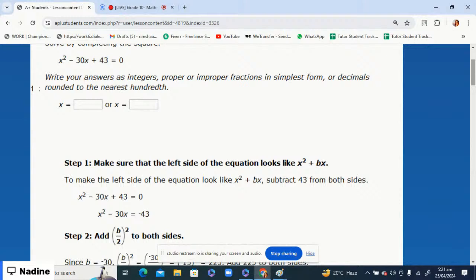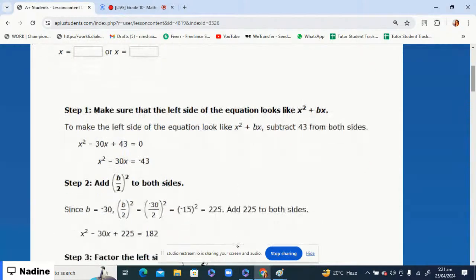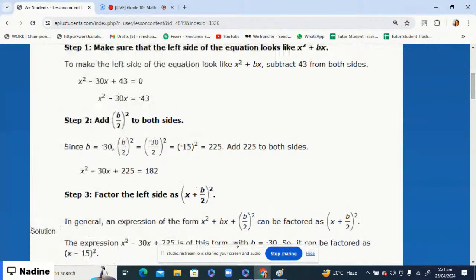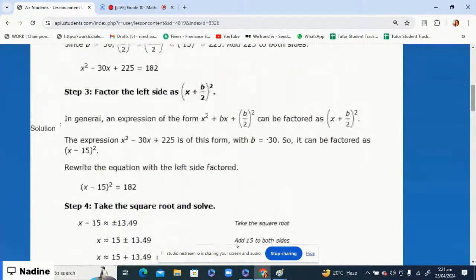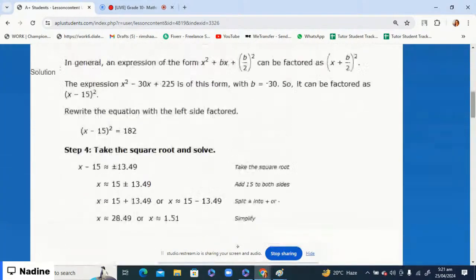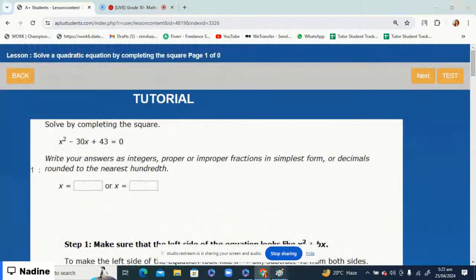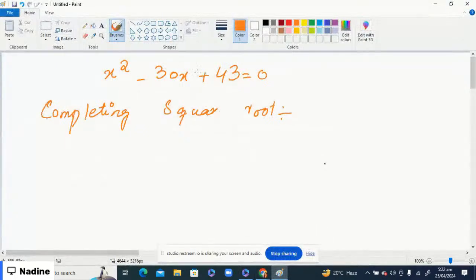Then we get the first step, like x square plus bx. b is basically some constant with the x term. Okay, then we add the square of half of b on both sides. Then we factorize the left side, then we take the square root, and finally we find the answer. Just like, for example, here is the question. First we make the equation in the form of the first step.